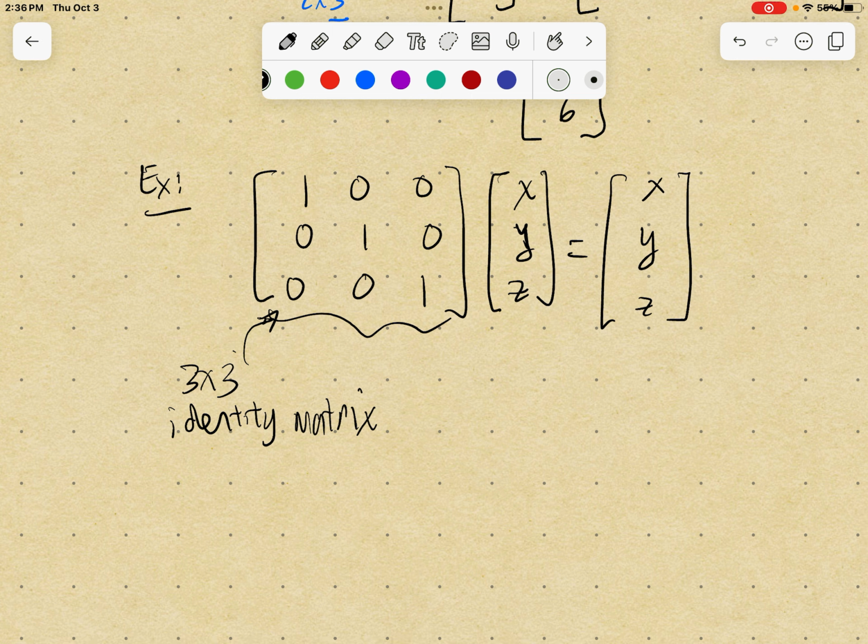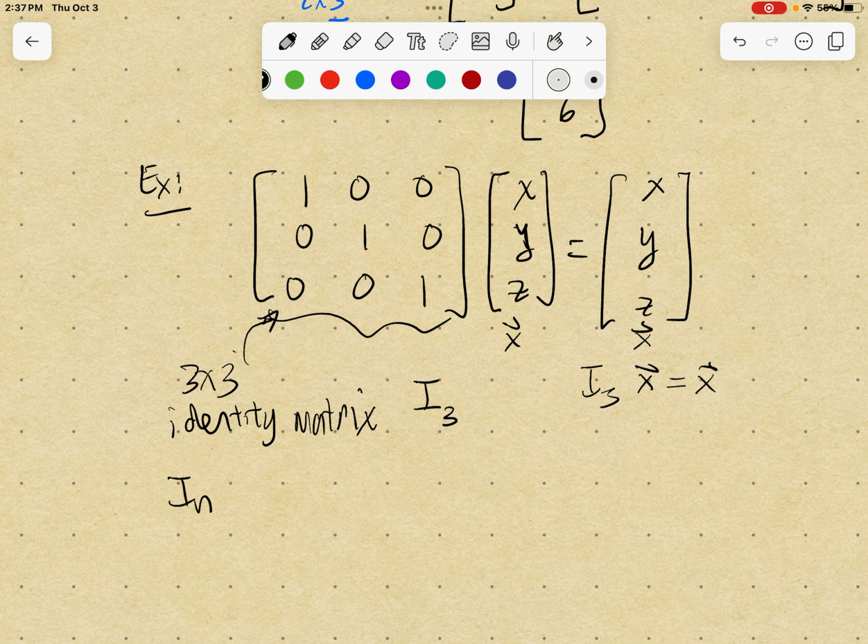So this is called I. You sub 3 to indicate that this is the 3 by 3 identity matrix. So notice that I3 times x is just equal to x. Right, so here's your vector x, and then the output's also the vector x.